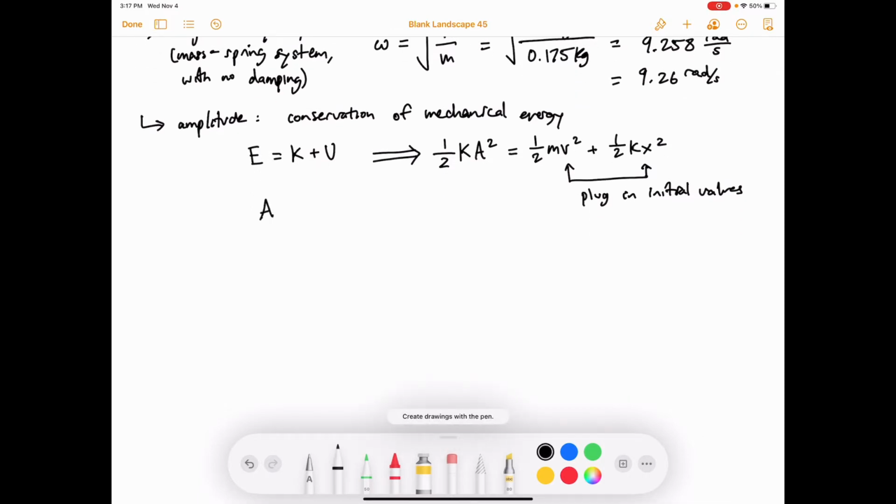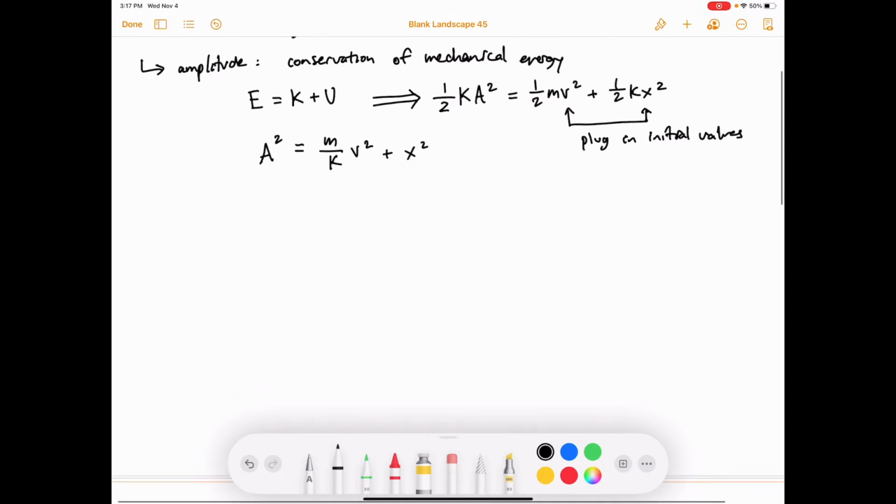If we multiply through by 2 and divide through by k, we have A squared is equal to m over k times v squared plus x squared. So the amplitude is the square root of that. Again, the mass is 0.175 kilograms.